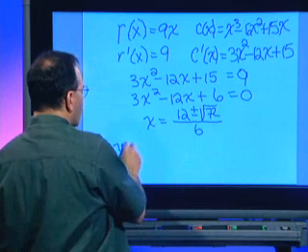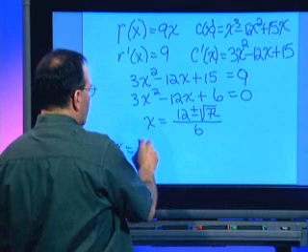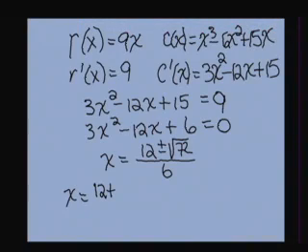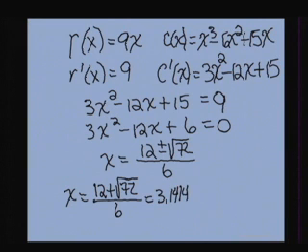We get x equals 12 plus the square root of 72 over 6, and that's going to be equal to 3.414.